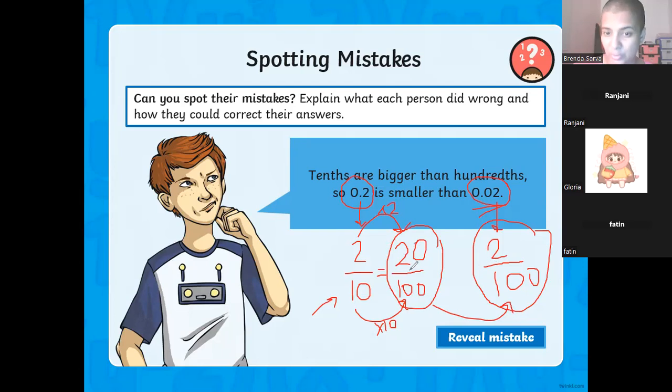Now you tell me, is 20 smaller than 2? 20 is obviously more than 2 over 100. 20 over 100 is more than 2 over 100. So 0.2 is bigger than 0.02. So this statement is definitely wrong.